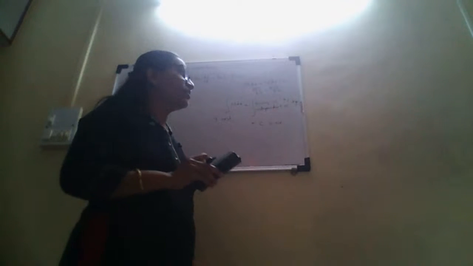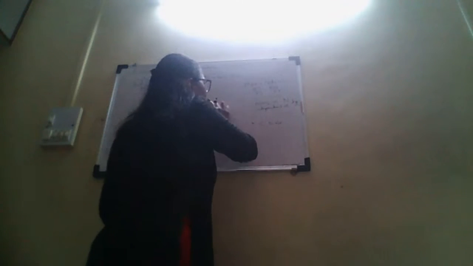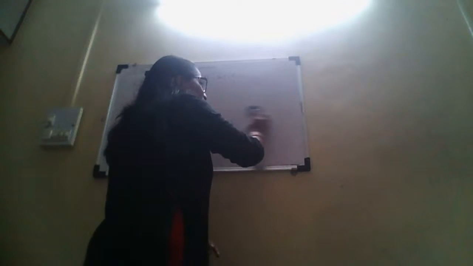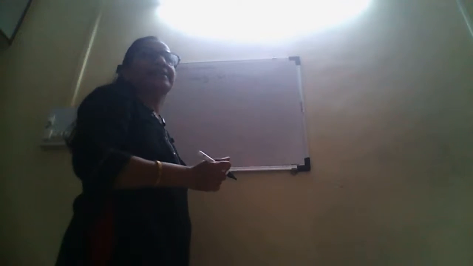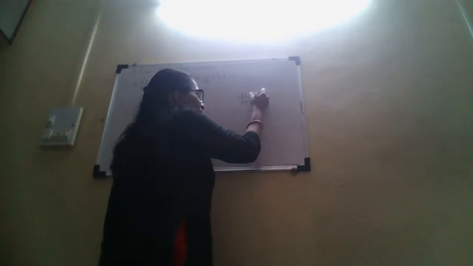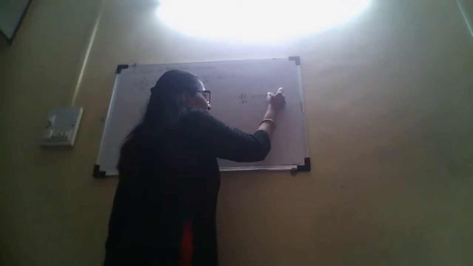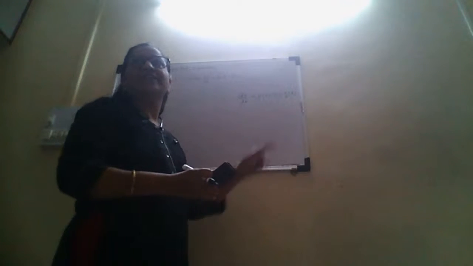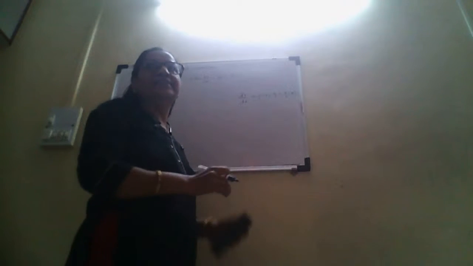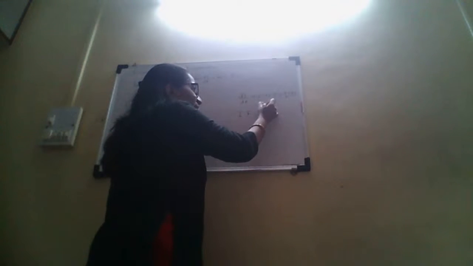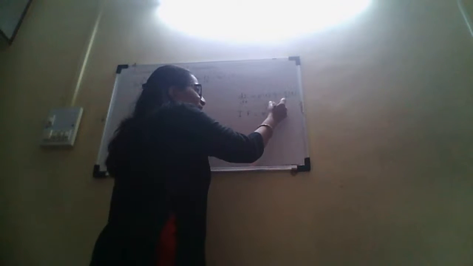Also, one more special kind of differential equation is a linear differential equation of first order and first degree. It has a standard form, that is dy by dx plus P of x into y is equal to Q of x. If the differential equation is of this type, then directly its integrating factor, we may write in short as I of x is equal to e raised to integration P of x.